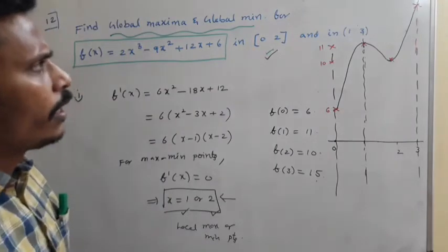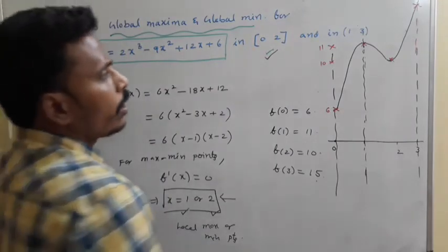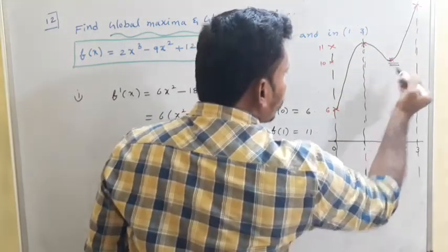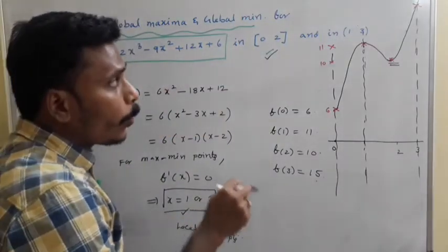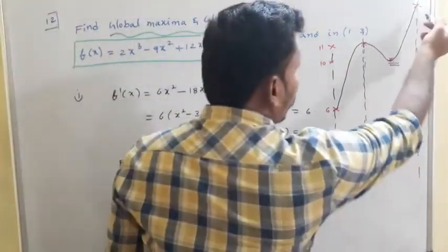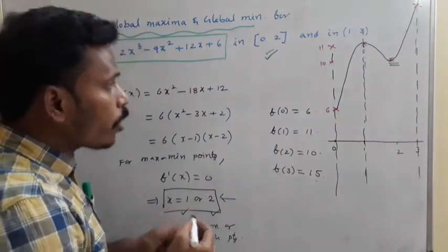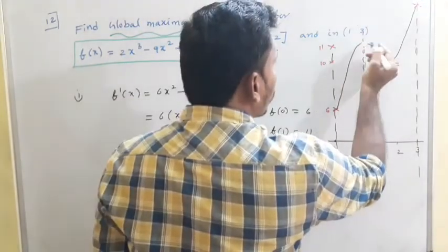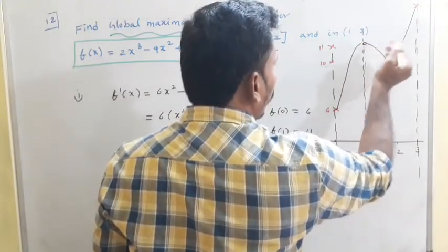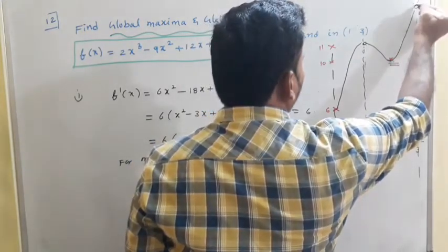From 1 to 3, in this interval, if you observe, the minimum value exists at 2, whereas the maximum is possible at 3. But since it is an open interval, this point is not included in our consideration, okay? We need to use an open circle at this point.